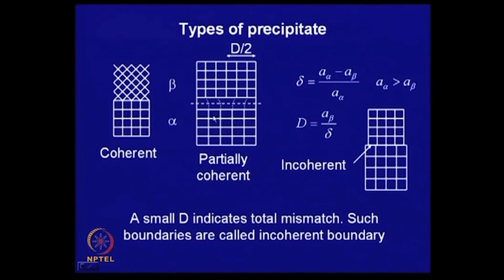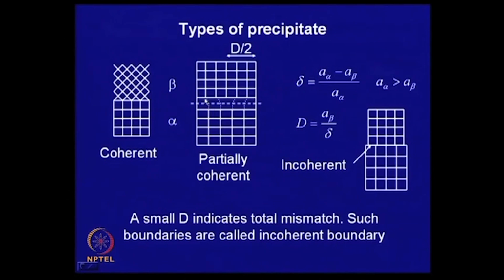In another case, the lattice parameters of alpha and beta are slightly different from one another. So, at that interface we can visualize as if you have an edge dislocation, which is shown over here. This is alpha, this is beta, and this dimension is a little less than this.